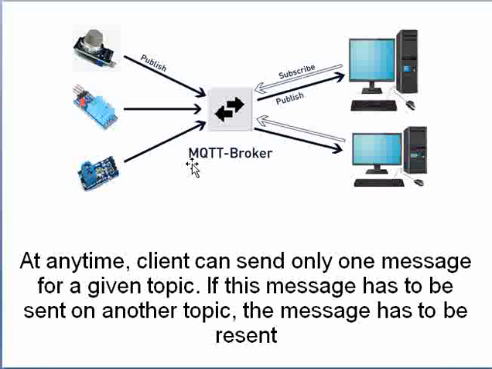The biggest disadvantage is, even though it's the same data, we need to have different topics for it, right? For a given topic, you cannot send other messages. So if you want to send the same message over different topics, you need to initiate two communications from the publisher. This again takes up some bandwidth. So that is another disadvantage that we see with MQTT, a very, very important point to remember.